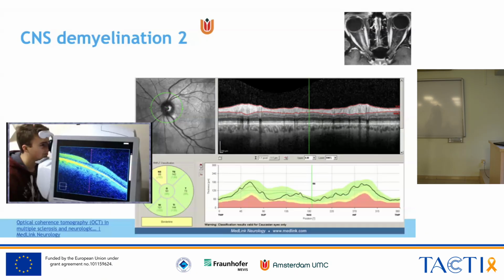You can also see thinning in the ganglion cell layer, which consists of neurons. You have multiple layers here, neurons, and these axons actually form the optic nerve. So it's also possible to measure that layer as well.